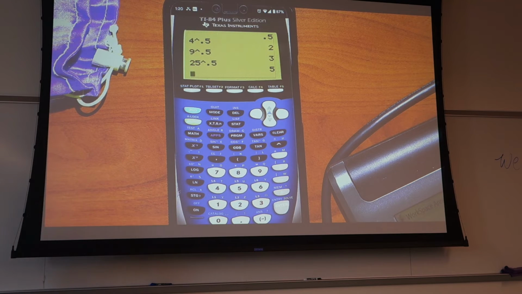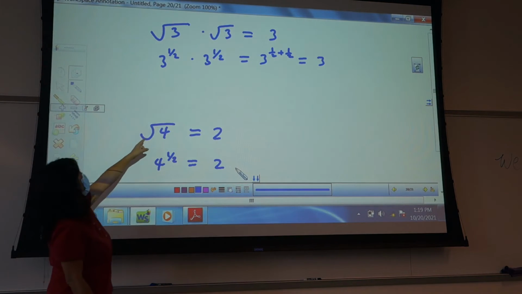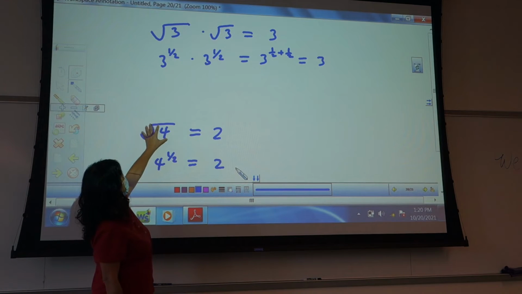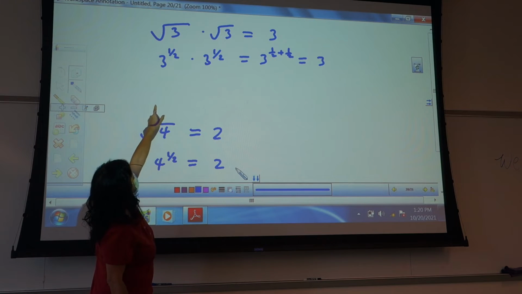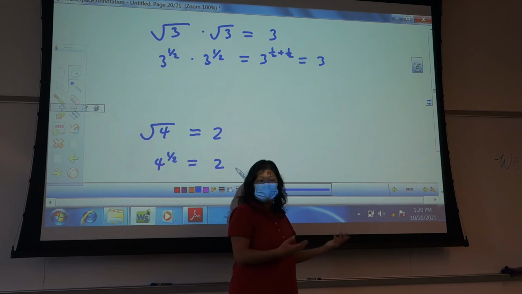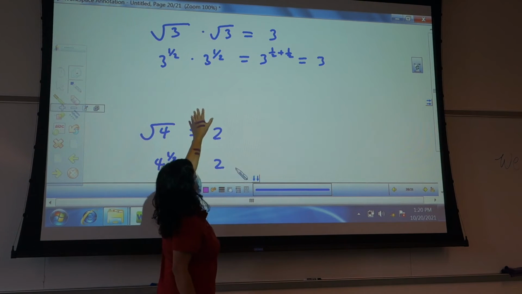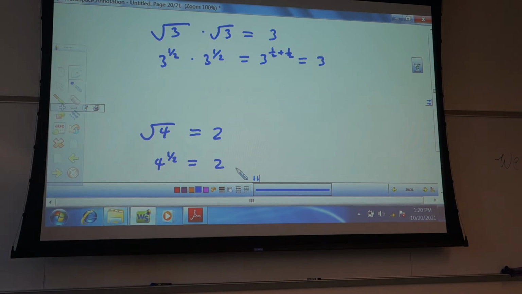Because as we define them, this means you have to multiply it by itself twice to get what's inside. So 3 to the 1/2 times 3 to the 1/2, we said that's 3 to the 1/2 plus 1/2. So when you multiply 3 to the 1/2 twice, you get 3 to the 1.